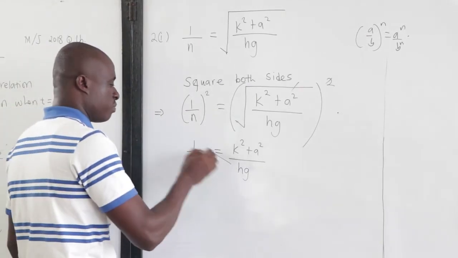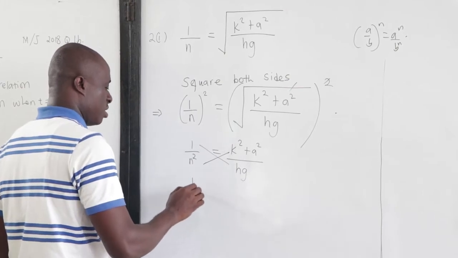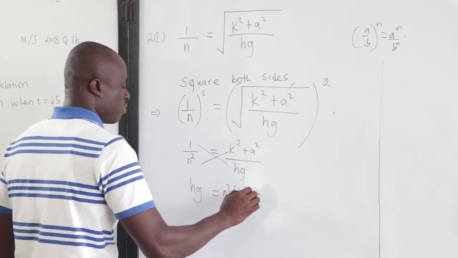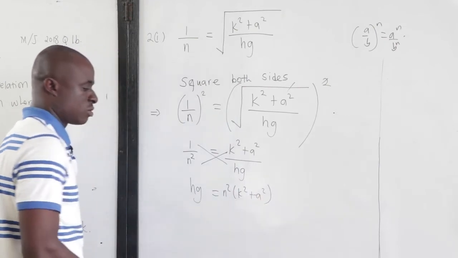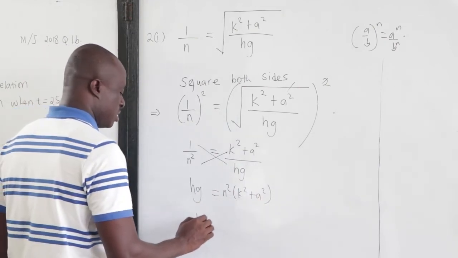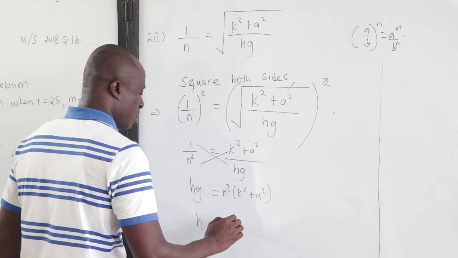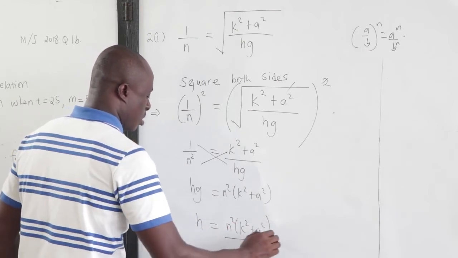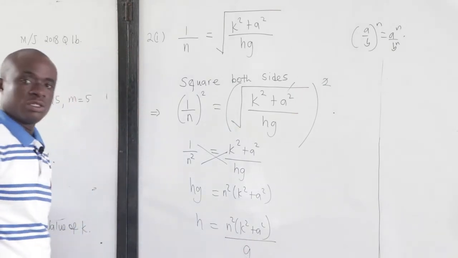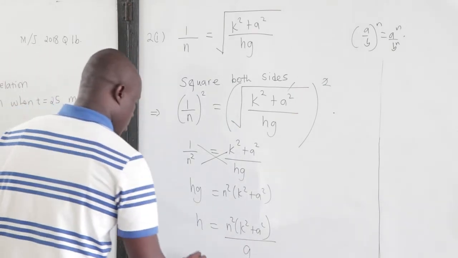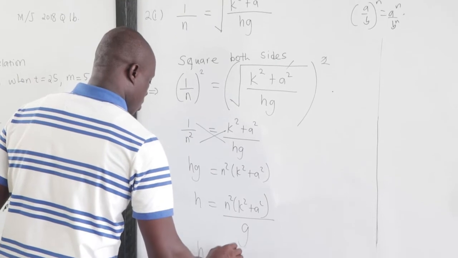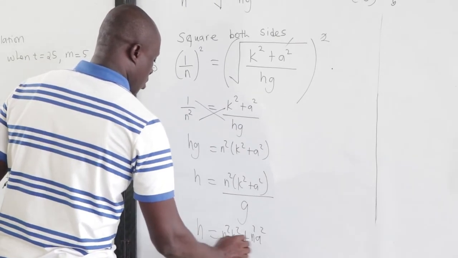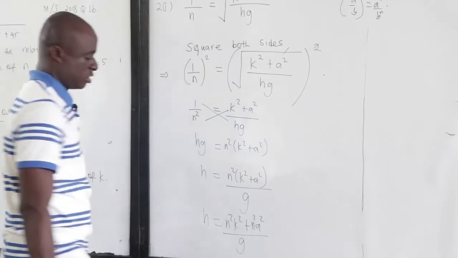We can cross multiply. So you have h j equal to n squared times k squared plus a squared. Clearly our h is equal to n squared times k squared plus a squared all over j, and this is equal to n squared k squared plus n squared a squared all over j.